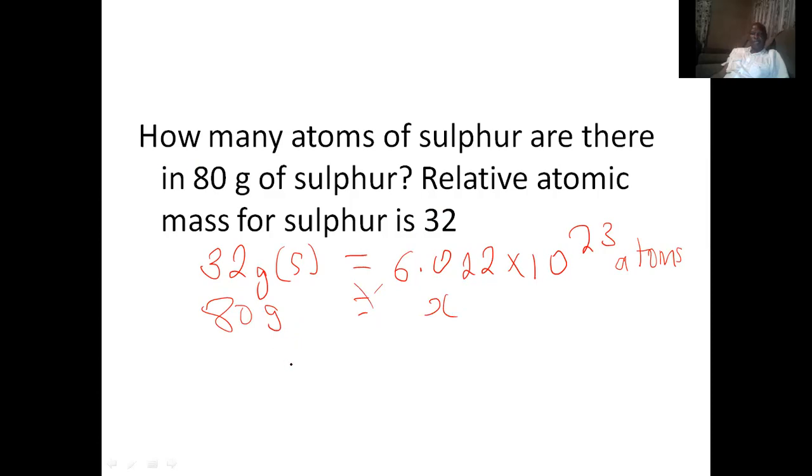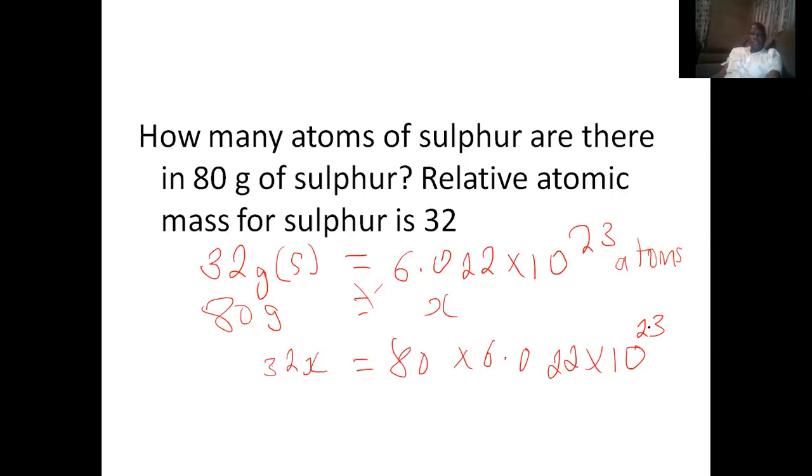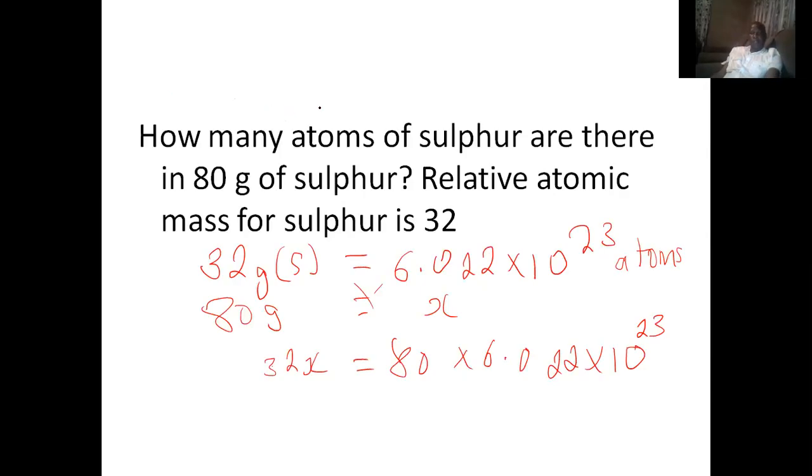So we can cross multiply, and what we are going to have is 32 multiplied by x is equal to 80 multiplied by 6.022 multiplied by 10 to the power 23.